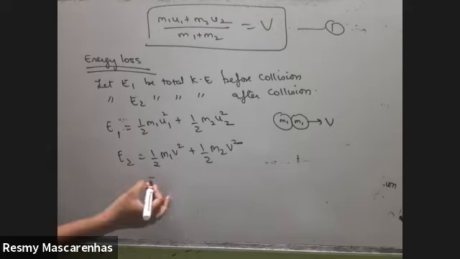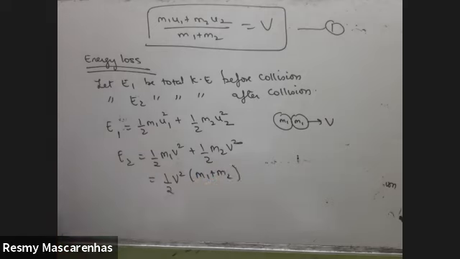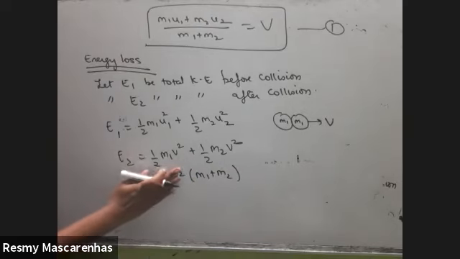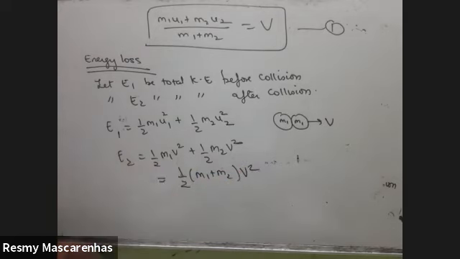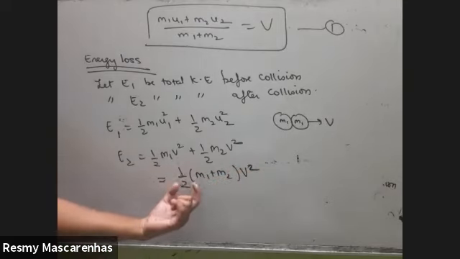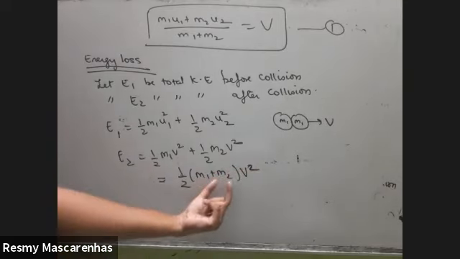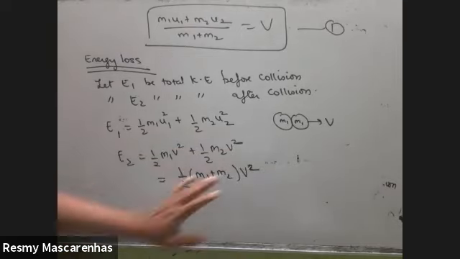So you can take out half v square common. Or you can write the other side also. I'm writing half v square on this side just for the simplicity of later solving. Half m1 mass into velocity square, instead of writing it this side, I just wrote it this side.